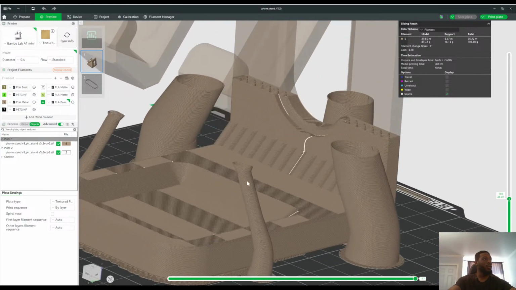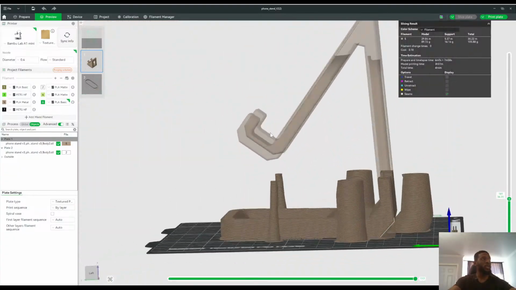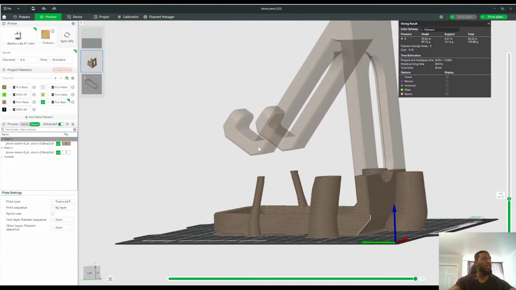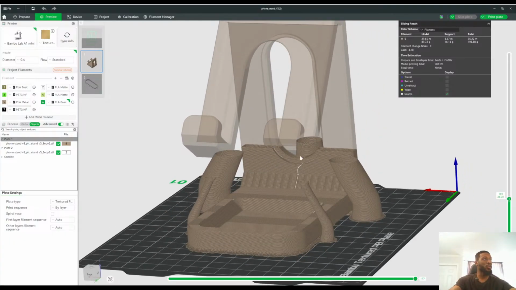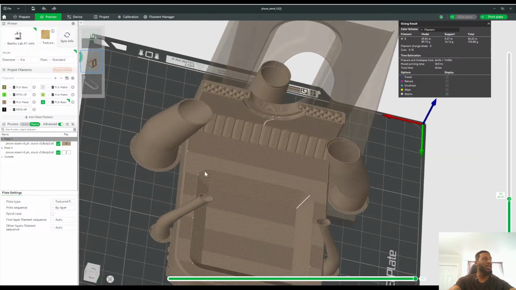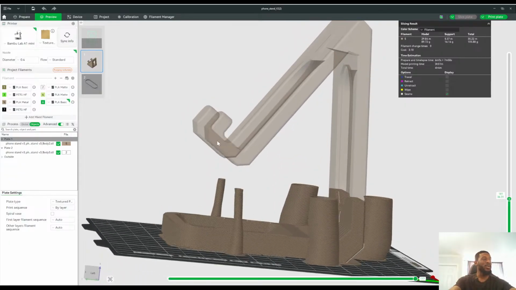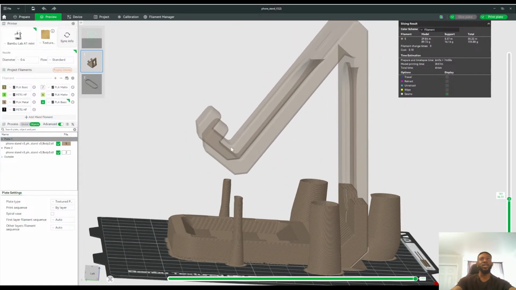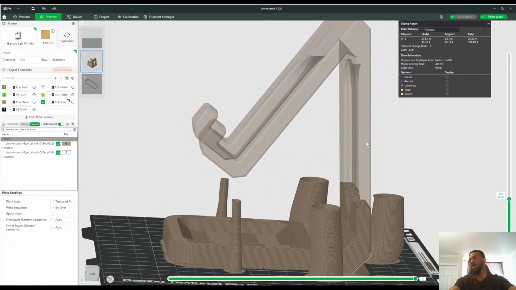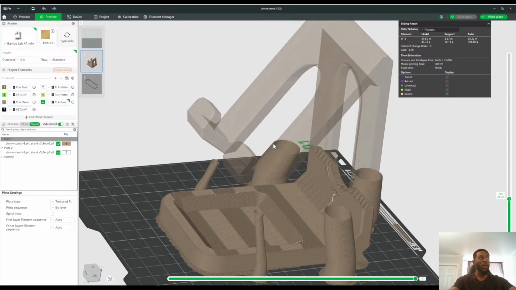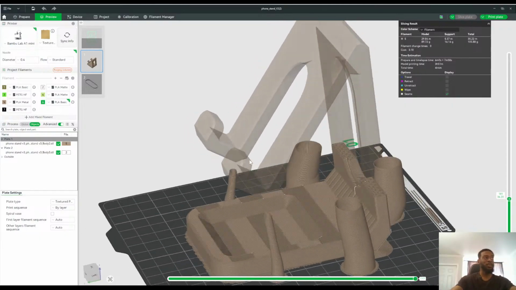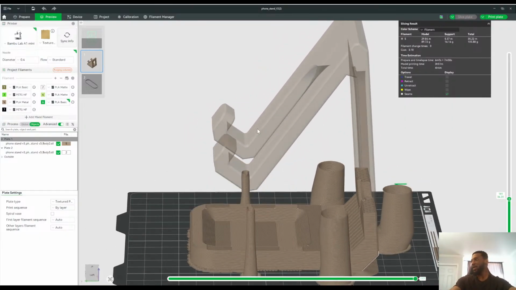So you can see, this is what I mean by the support. Because this region of the part is floating in mid-air, it needs to make a support so that it can create this. Because you cannot just start printing from mid-air, because we have the laws of gravity. There's no way your printer is going to start printing from the middle of the machine.